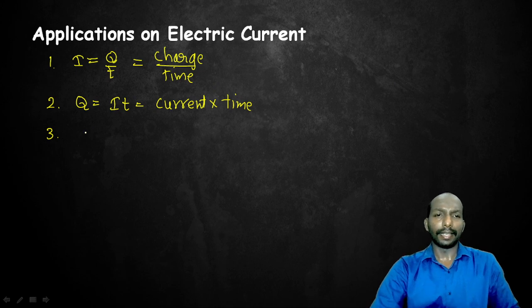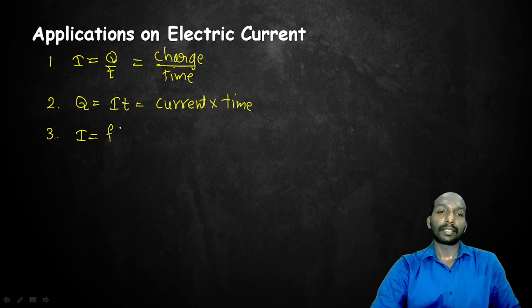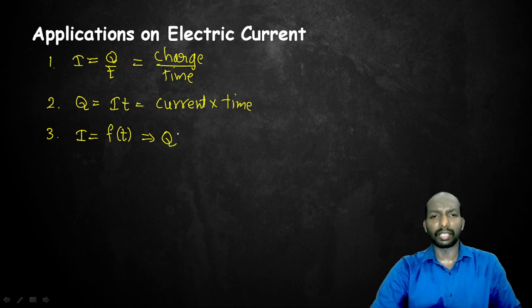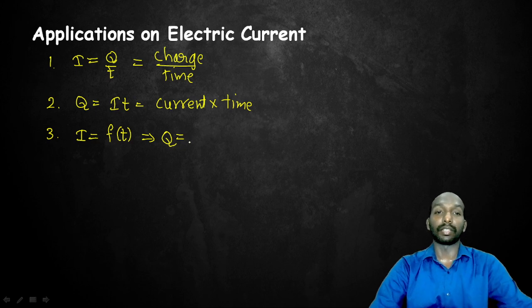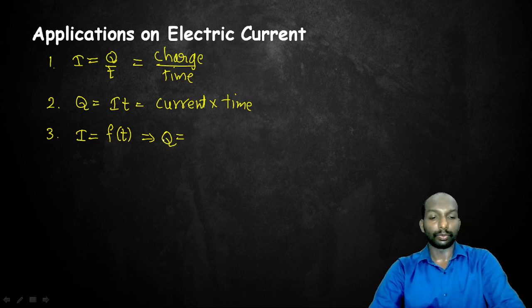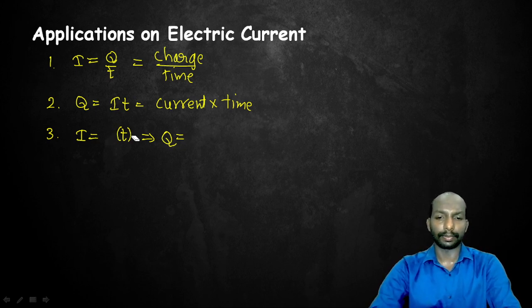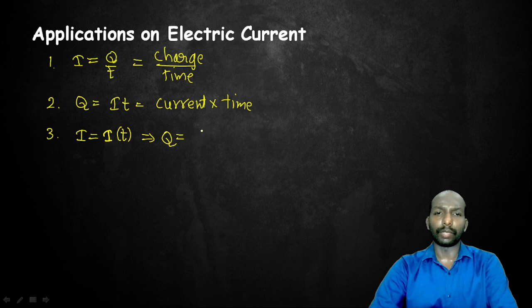One more case is, suppose current is a function of time. In this case, how do we find the amount of charge? It is better to write like this: Q equals integral of I into dt.